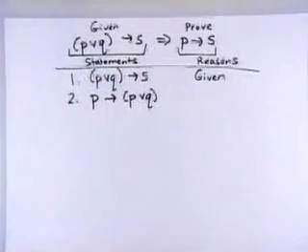Is it something that's always true? Yeah, if P is true, then P or Q is going to be true no matter what Q is. And this rule is called the addition rule, which on the list of rules that I've given you is the very last one. It's rule 32.